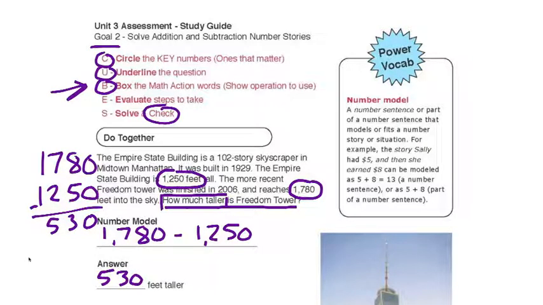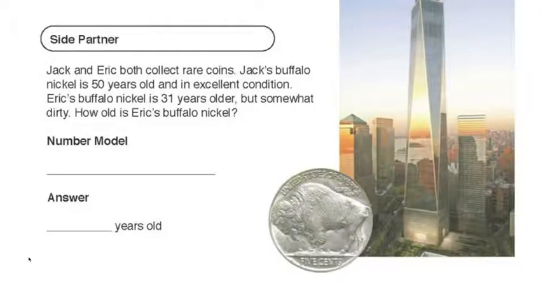The way we're going to check that is add it back to the smaller tower. So 1,250 plus 530. Let's see if we get it back. Whew! It got back. Our answer is correct. Why don't you go ahead and solve this problem with your side partner? Pause the video.